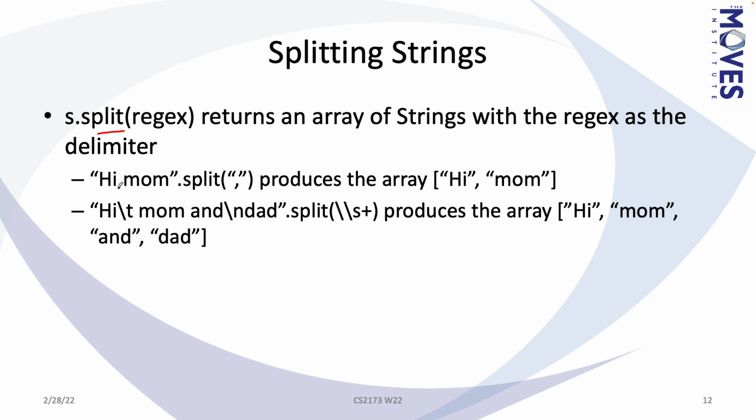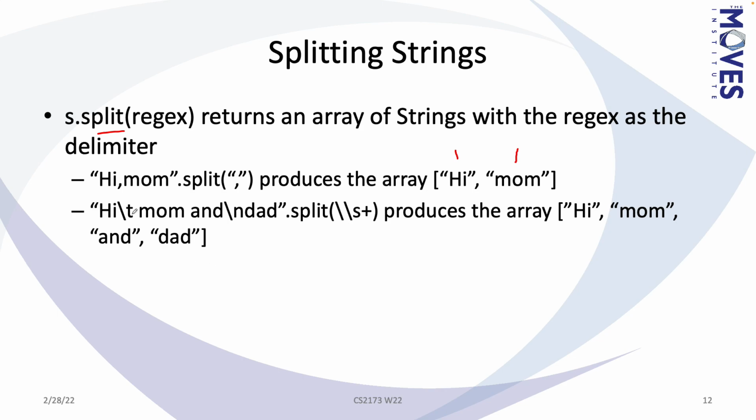Okay, so if I have hi comma mom split on comma, as we've seen, it will take a string and turn it into an array, based on the delimiter specified by the regular expression. So if I split it on comma, that will produce the array with hi in the 0th index and mom in the 1st index.